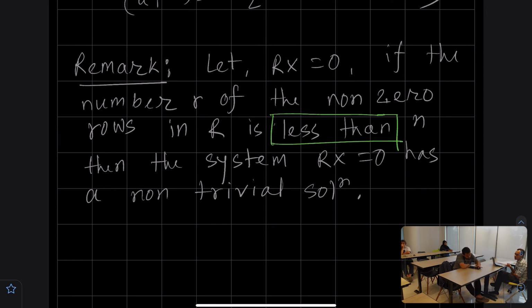I can choose 0, but I can also choose a non-zero element for that free variable, and that's why the system has a non-trivial solution, right? Okay.